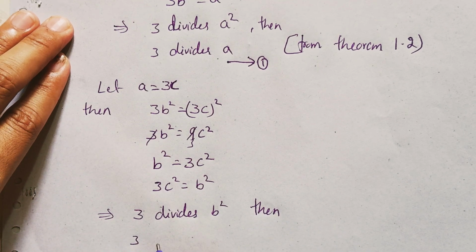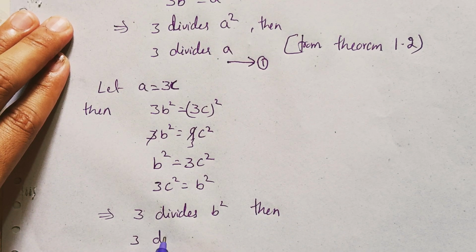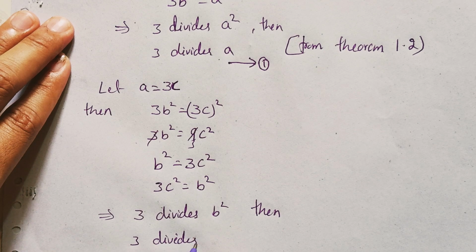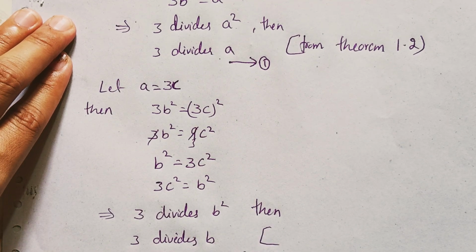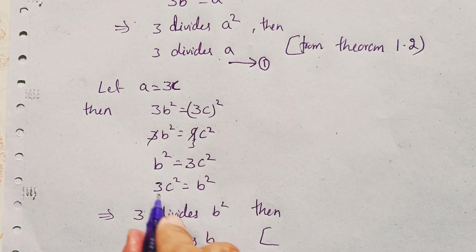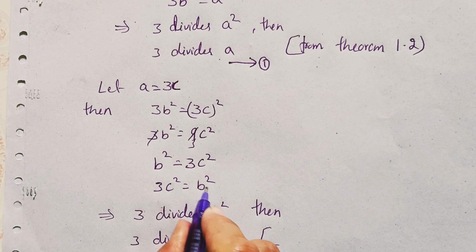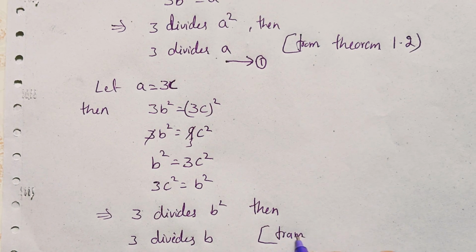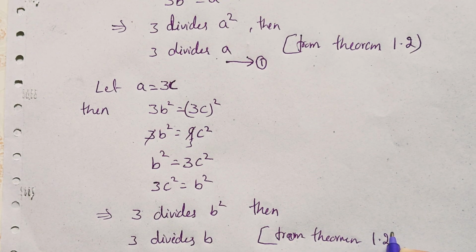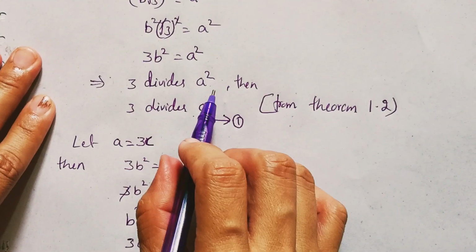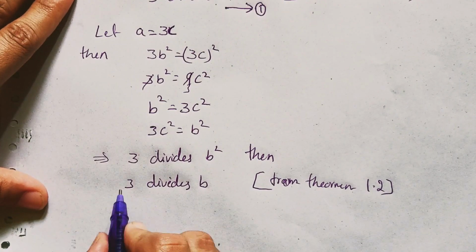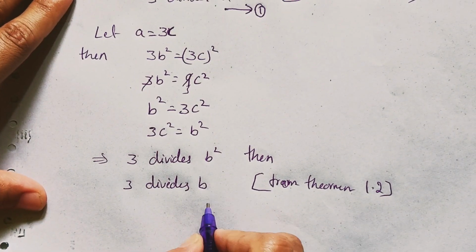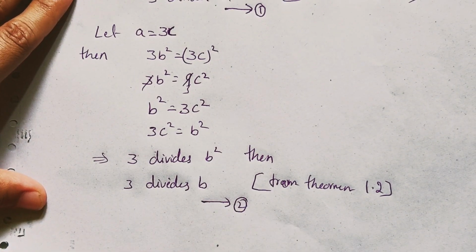Then 3 divides B. If 3 divides B square, then 3 divides B. This we can say from theorem 1.2. So these lines are the same as those lines. So 3 divides B square is our equation 2.